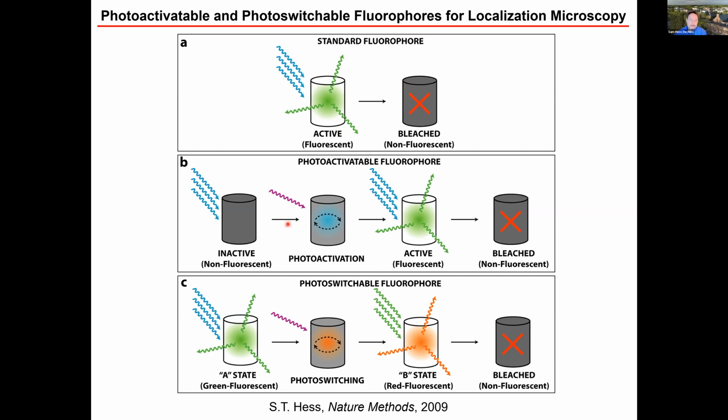And what's better is something which is initially dark and can be converted into a bright form by a separate wavelength, such that we have control over how many localizations are occurring per frame. Otherwise, it's going to get to be too dense, and the localization process may break down, or you need more complicated multi-emitter fitting algorithms.